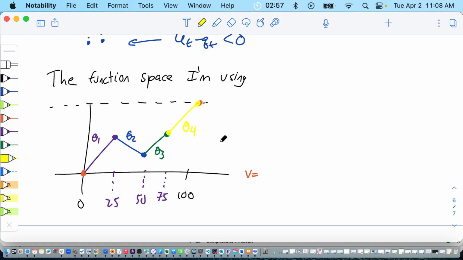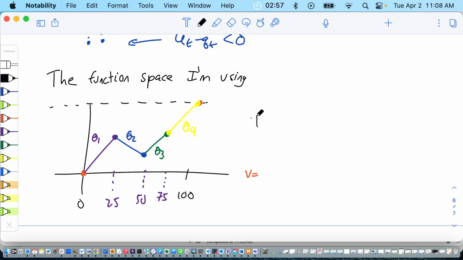On the segment 0 to 25, you have slope theta 1. On 25 to 50, you have slope theta 2, and so on. Of course, for any 4 slopes, you might not end up at 1. So the computer takes your 4 slopes and rejigs them to make sure that you end up at 1 at the end. But that is how I parameterized this.